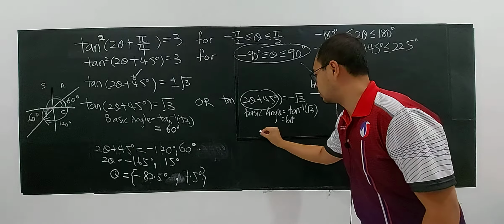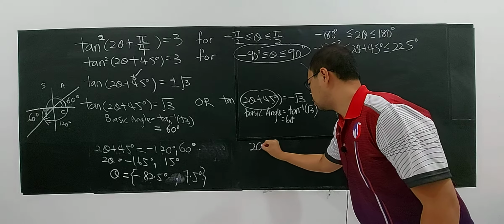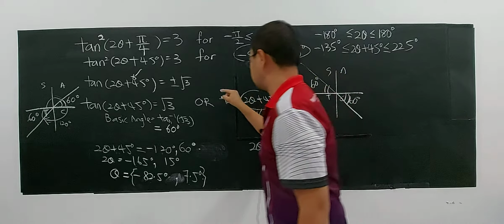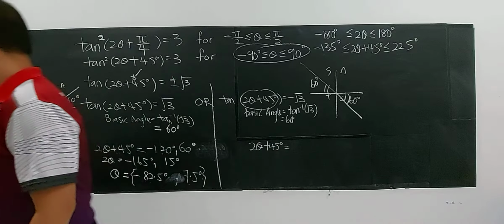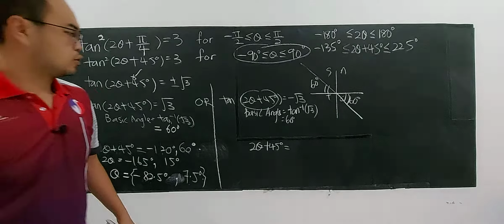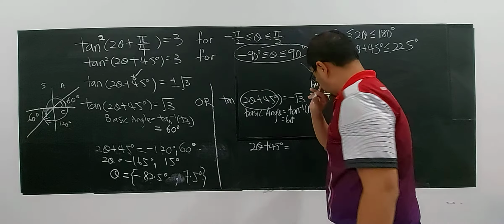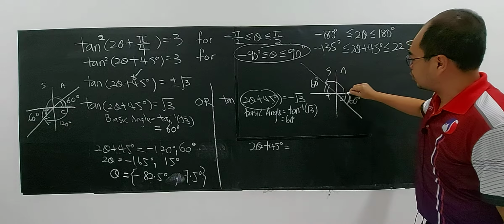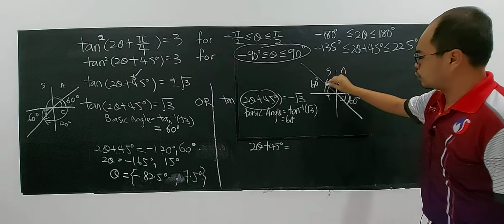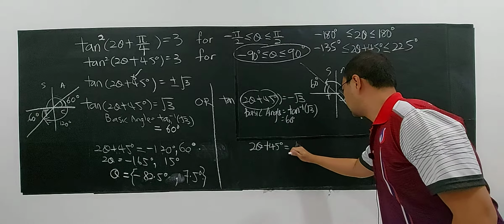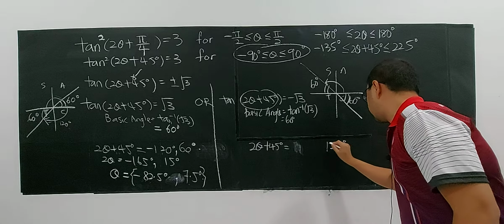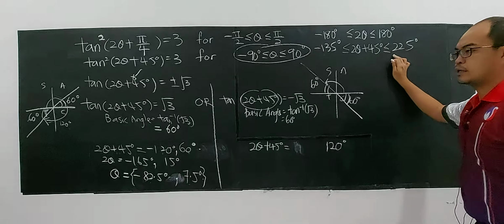So let's list down the possible solutions here, for 2 theta plus 45 degrees. First, you can go in this direction, because this one is just 120 degrees, which is in the range, right?